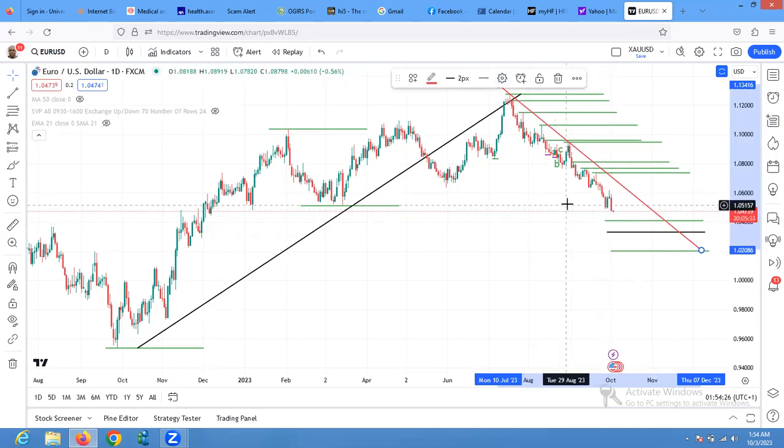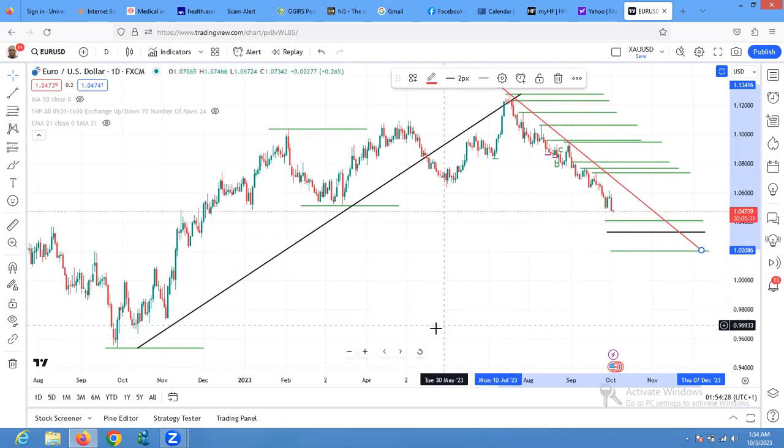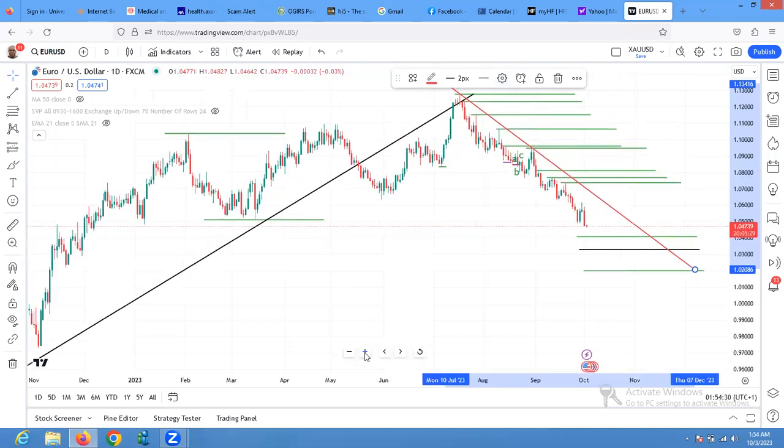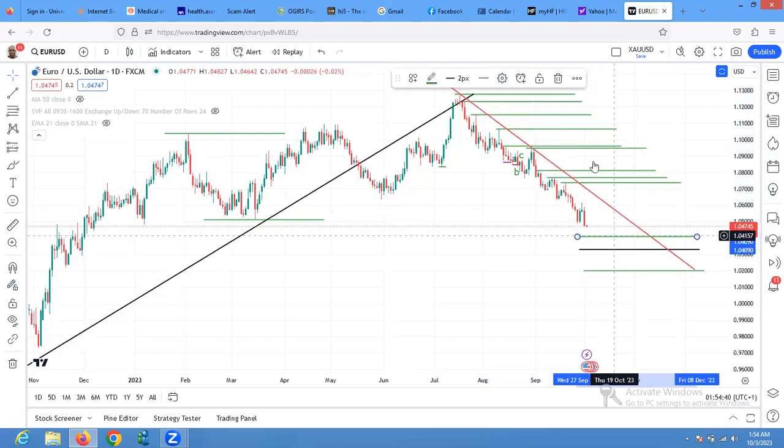So in times to break structure now on this daily time frame, I'm so sorry that this is not the immediate structure you'll be looking at. Well, this is the first structure, but it doesn't confirm anything. If you break here, let me show you.